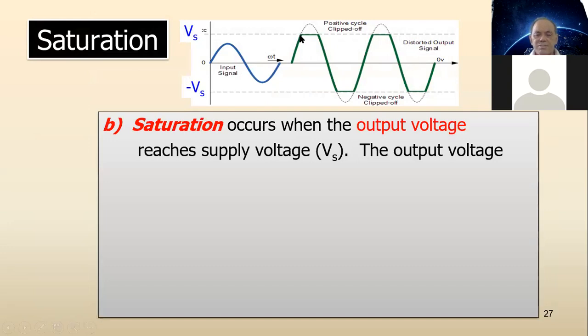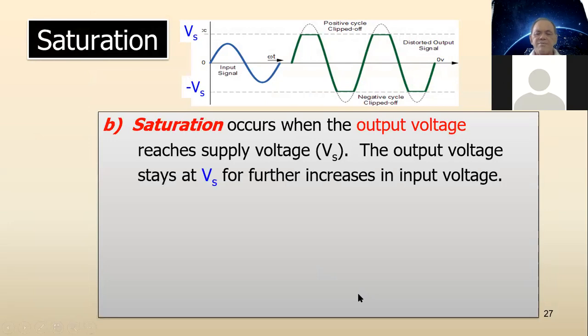Because that's what you give, it will cut off. That's called saturation. Output voltage stays at Vs for further increase in input voltage. At this point, the input can still increase, but the output voltage doesn't change anymore. Same here. The input can still increase, but the output stays at your power supply voltage.